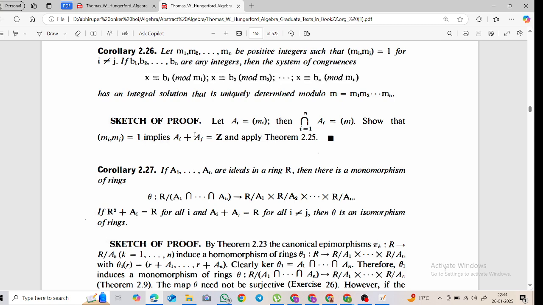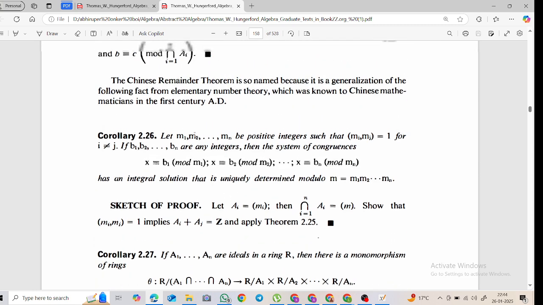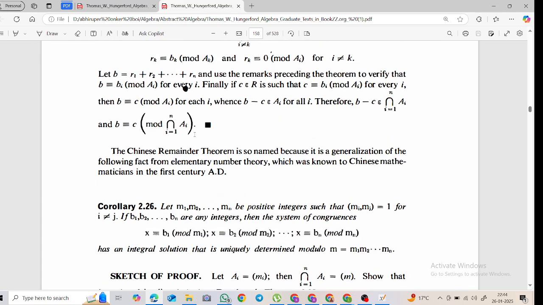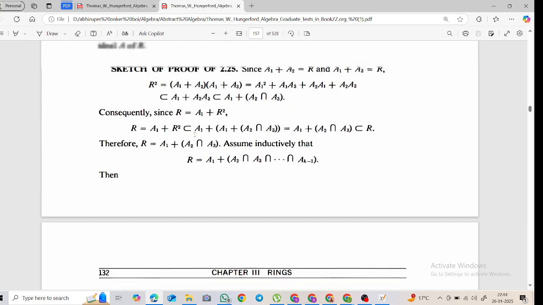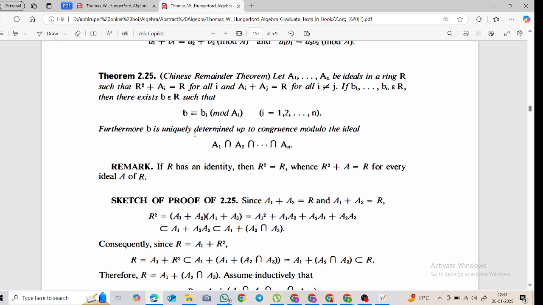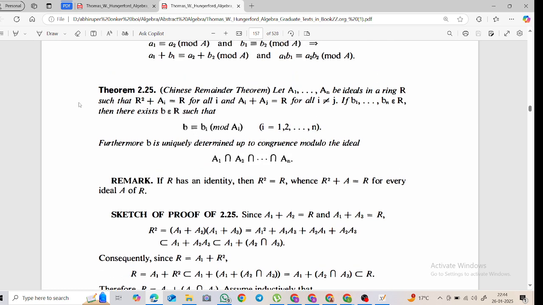So this is called Chinese remainder theorem, which is of the following form: if the Ai are ideals in a ring R such that R = R^2 + Ai for all i, and Ai + Aj = R, this condition is called co-maximality.